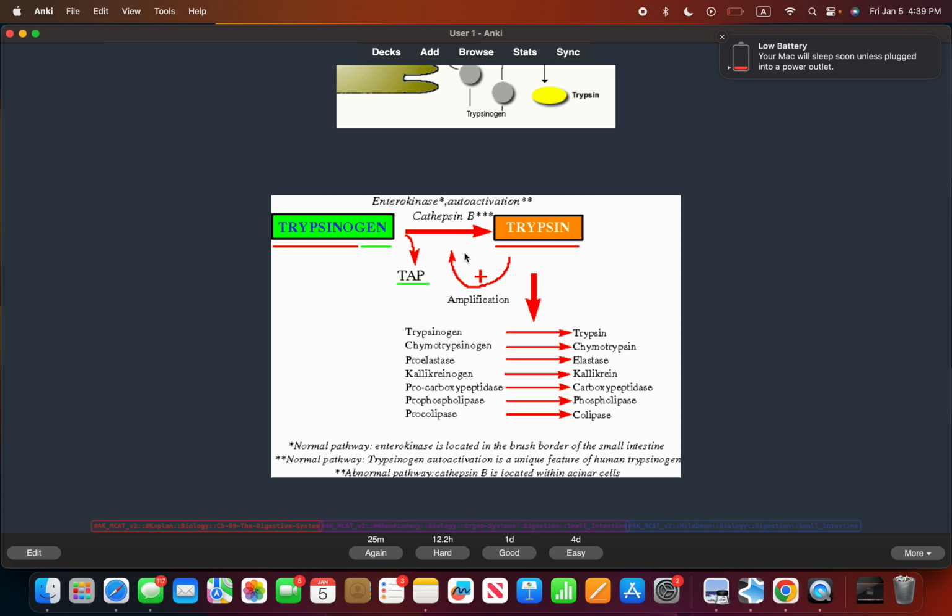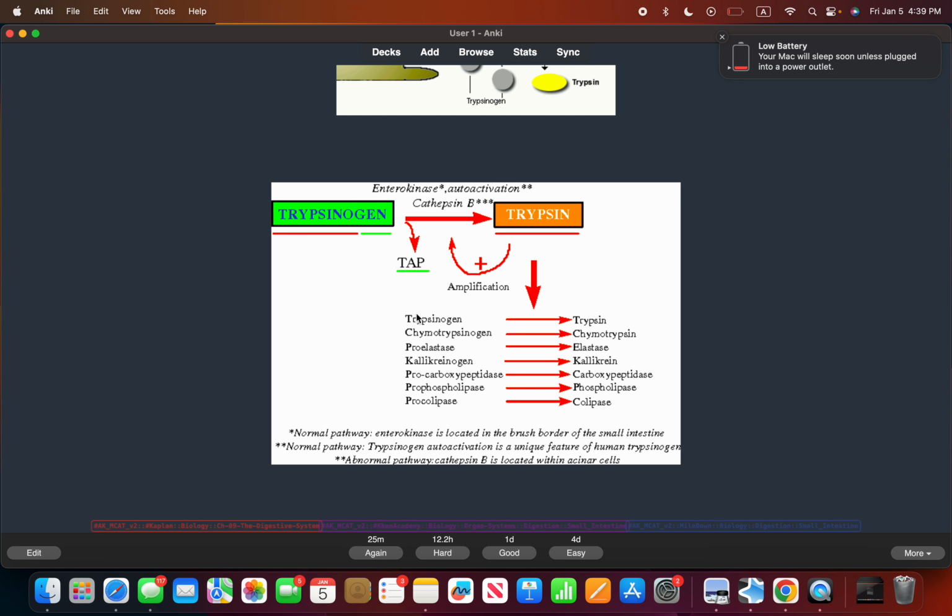Trypsin can reinforce itself, so trypsinogen is turned into trypsin, chymotrypsinogen into chymotrypsin, pro-elastase into elastase. So these pro ones turn into active ones without the pro. We have kallikreinogen, we have kallikrein.